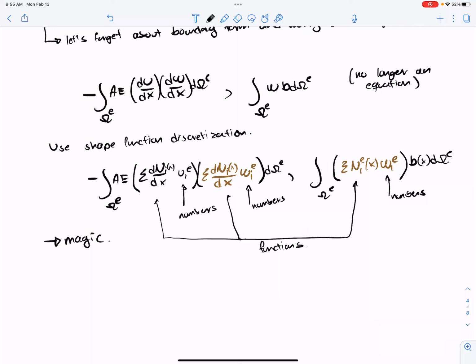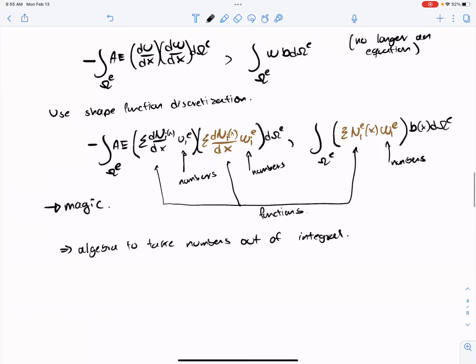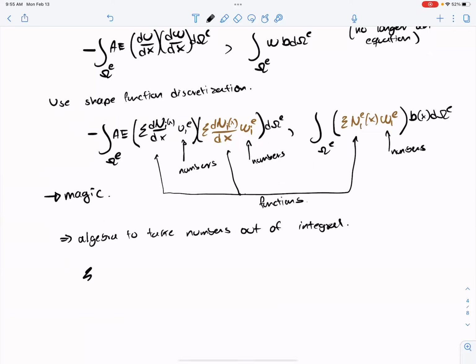Also, there's some sums, but these are linear operations. So the magic is that I can do a little bit of algebra to take numbers out of the integral. So what I'll end up with here, let me use I here and let me use J because otherwise it's going to be confusing.